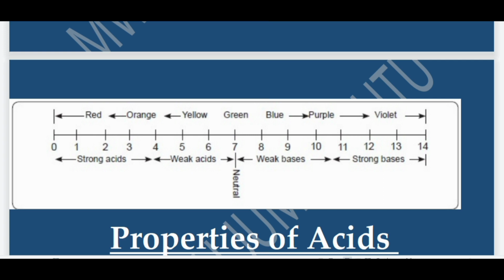Then weak acids range from 4 to less than 7, and the strength of the acid will be weak, and they will give a yellow color.